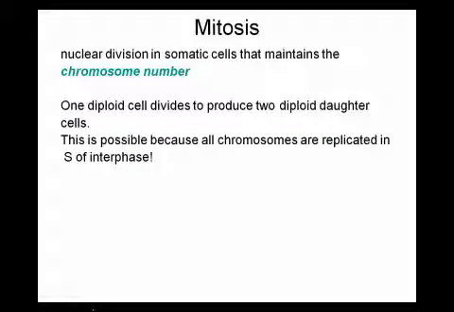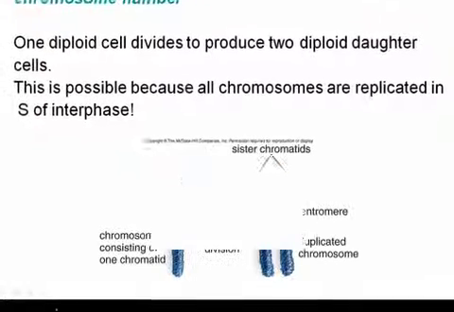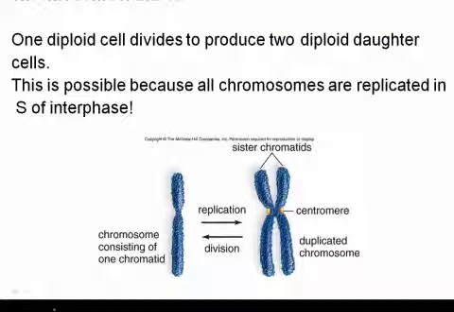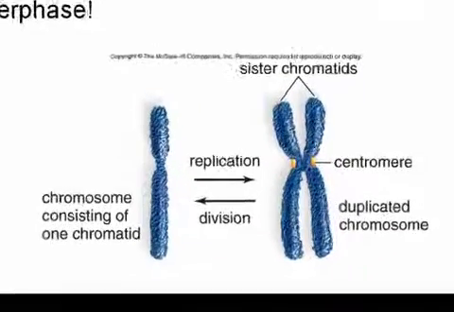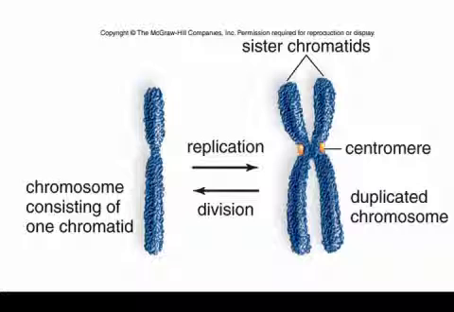This is possible because if you remember back during the S stage of interphase, all of the DNA was replicated. So we're going to use these little diagrams to represent either a chromosome or a replicated chromosome. So on the left, we see a single chromosome, very highly condensed, highly coiled DNA.